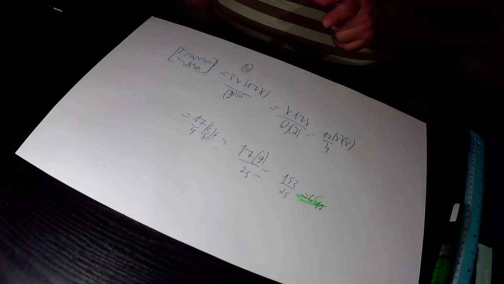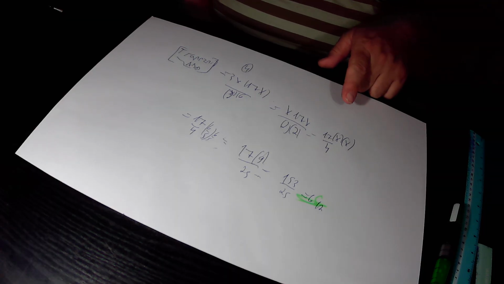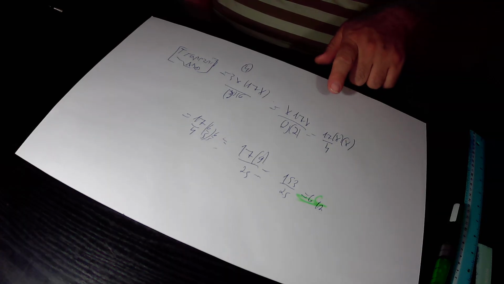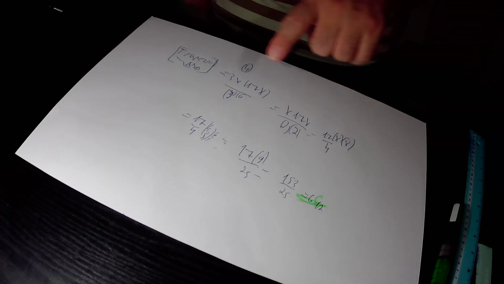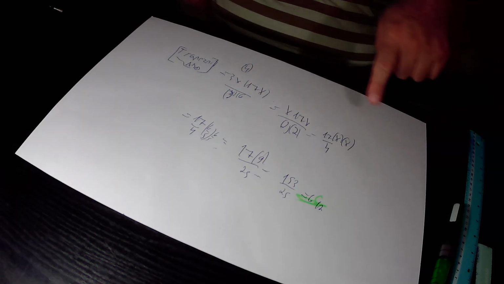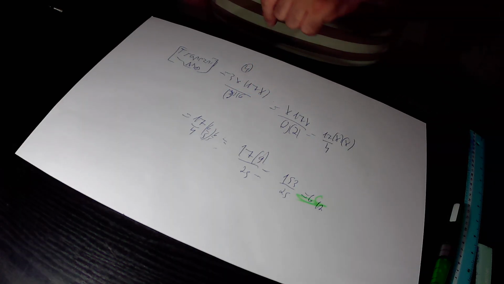We already found that x equals 6/5, therefore we substitute x by 6/5. So it equals 17 over 4 times 6/5 times 6/5.